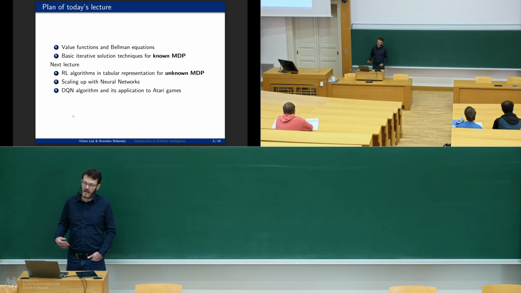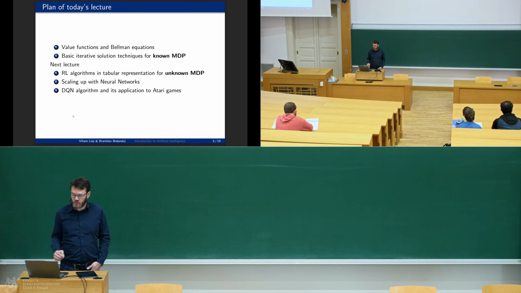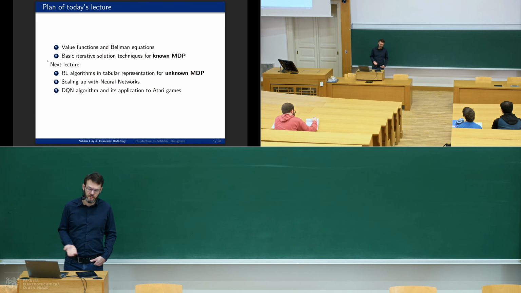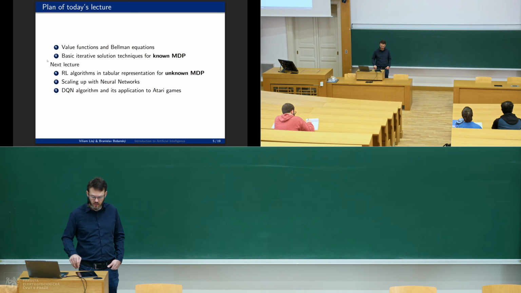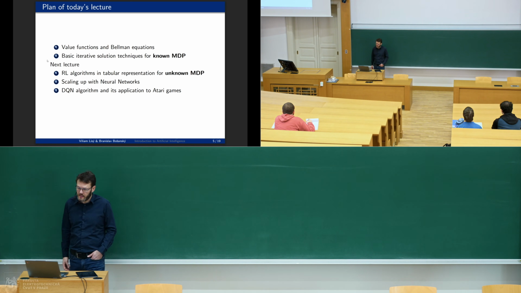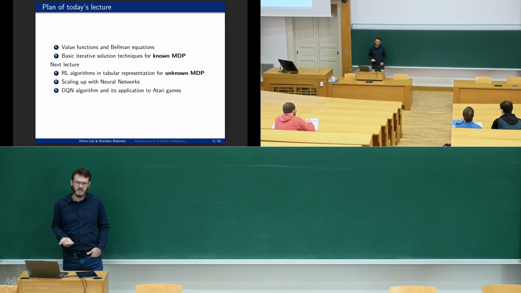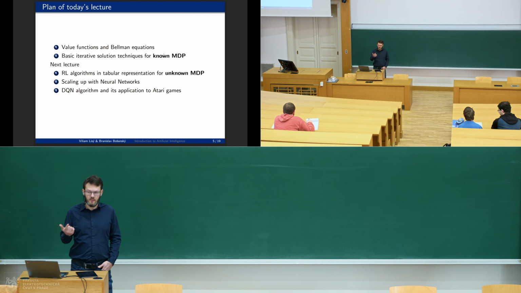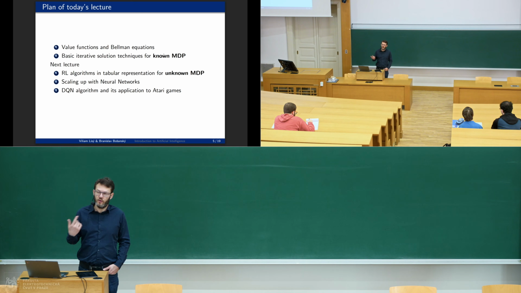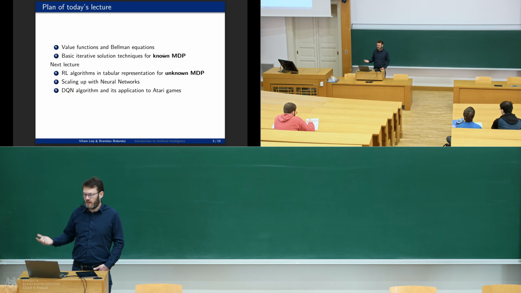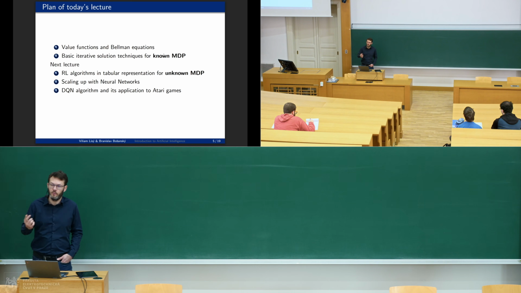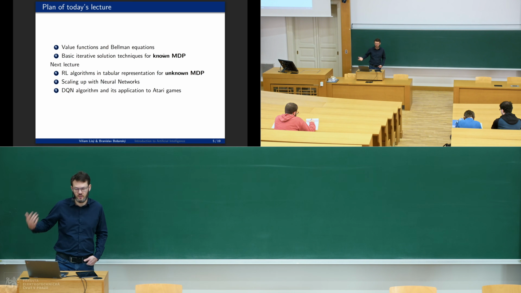Okay, so that was the last lecture. And in this lecture, we will introduce value functions and Bellman equations, which are some of the very fundamental concepts of reinforcement learning, but we'll not be doing reinforcement learning yet, because we'll be assuming that we know this MDP. That means that we know the set of states, we know the transition function, we know what happens if we perform some action in some state, what are the possible next states with what probabilities and so on.